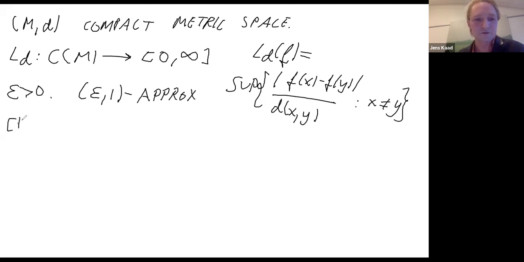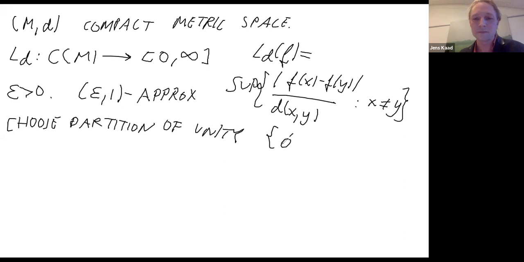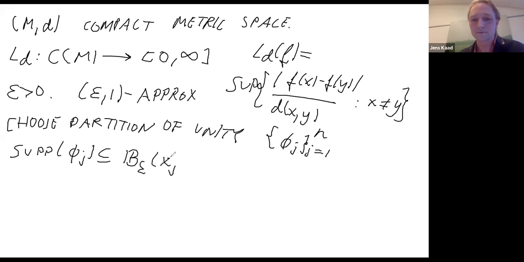I just choose a finite partition of unity, phi_j, such that the support of phi_j is contained inside a ball with radius epsilon and some center x_j.